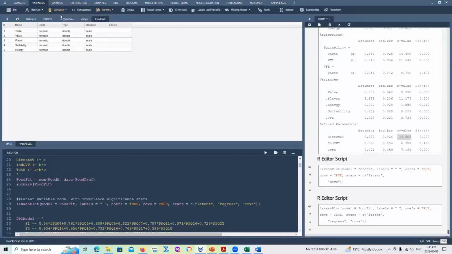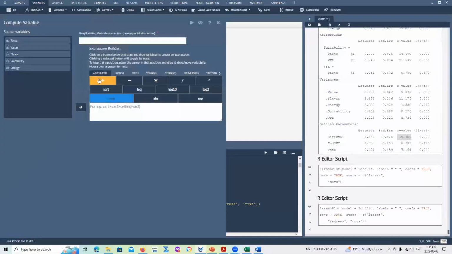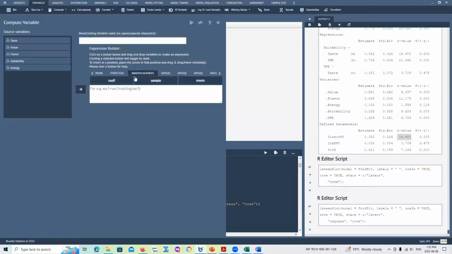I can just generate a variable. Compute a new variable, maybe just randomly from somewhere. I want to take random numbers. Let's generate some normal random numbers and call the variable random.